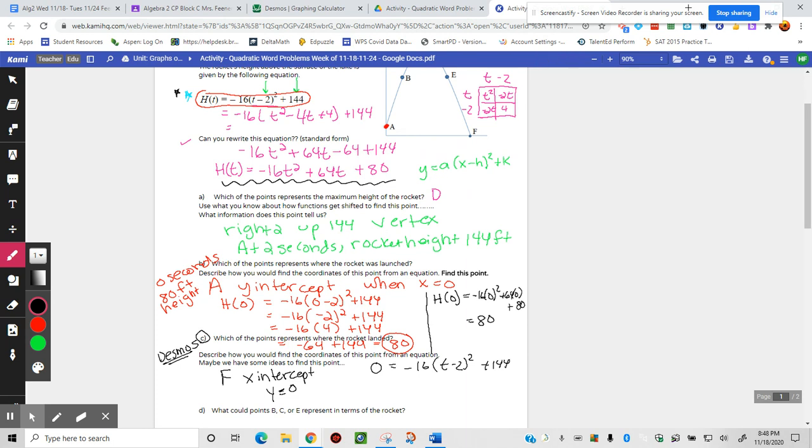So one other idea would be to try and solve for t. If you want to get that t by itself, we could subtract 144 from both sides. We could also divide this by negative 16.